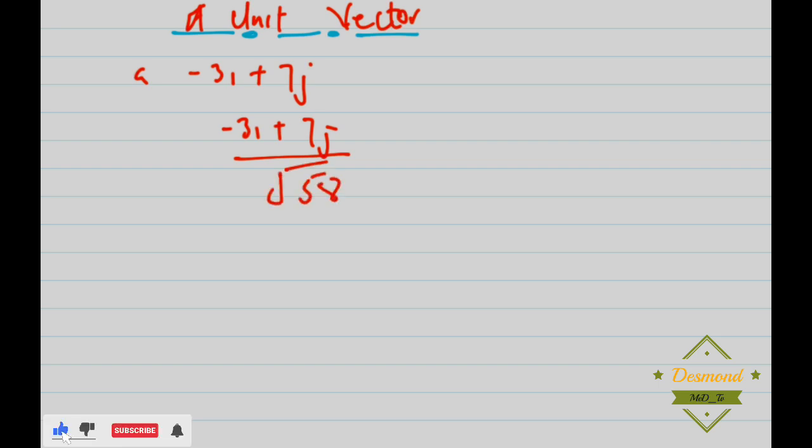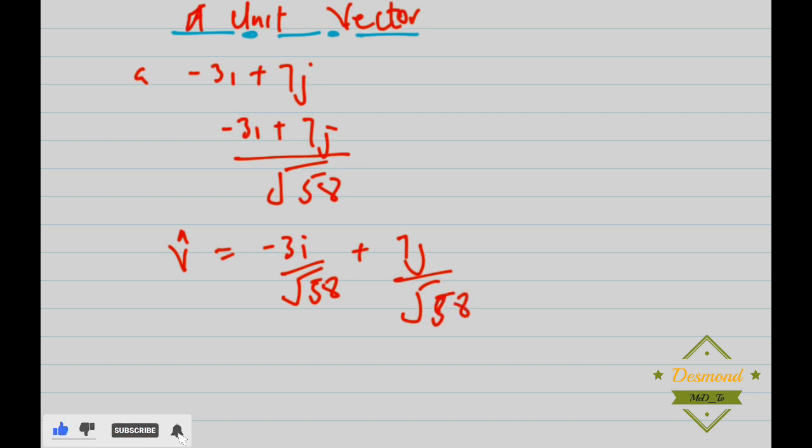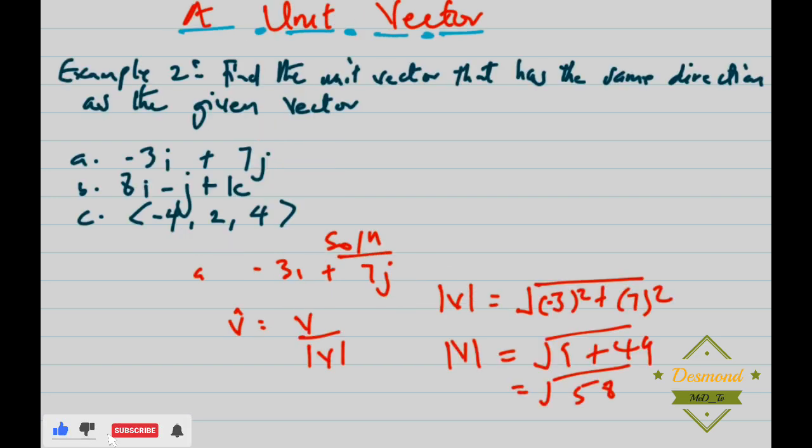So when you do it, the unit vector should be negative 3i over root 58 plus 7j over root 58. Very, very simple. So let's do B.